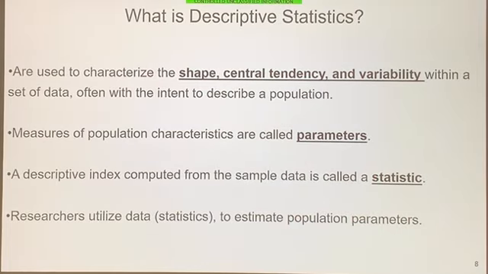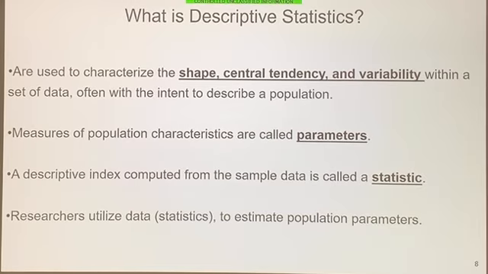So after we decide our variables, whether or not they're categorical or continuous, then we need to organize our data, summarize our data, and look at any central tendencies. And that's descriptive statistics. That helps us determine the center point of our data and how our data is shaped, and that gives us some information on how to proceed in our studies.